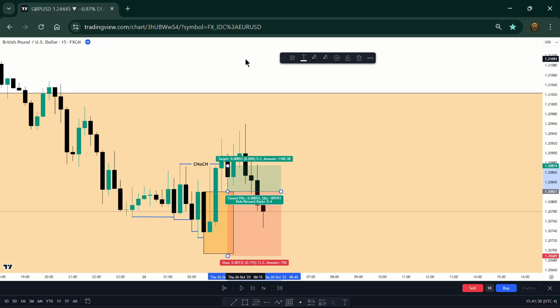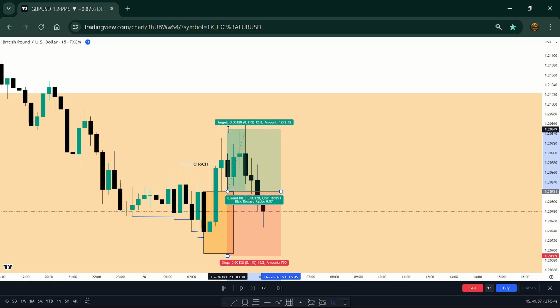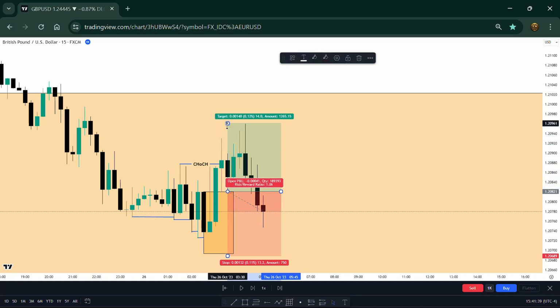It always has to be a minimum of 1 to 3 when it comes to risk to reward ratio. Okay, when you look at this high here, this is not where you're supposed to take your profits. Okay, because this is a one-to-one risk to reward ratio, which is not good. Okay, so just move this.